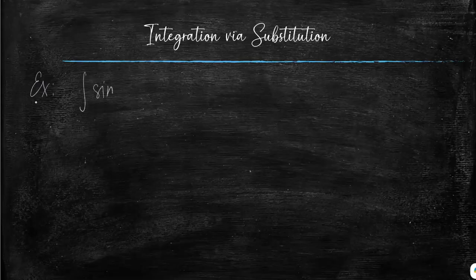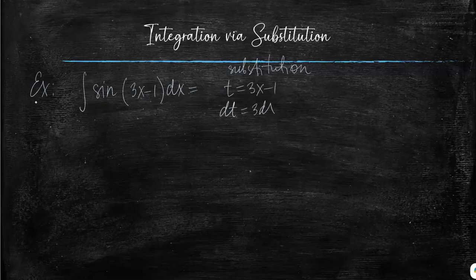Let's do the integral of sine of 3x minus 1. So what do we do here? Well, we do substitution. We need to substitute that 3x minus 1. So we set t equal to 3x minus 1. dt will be equal to 3 dx. dx will be 1/3 of dt. We can write it here.